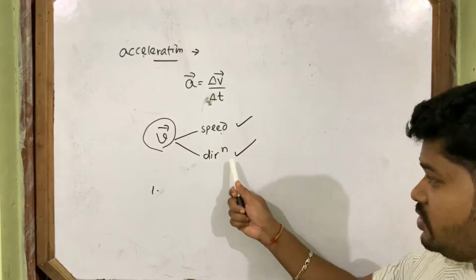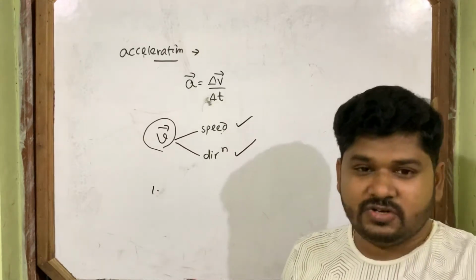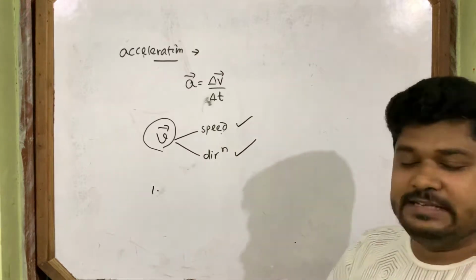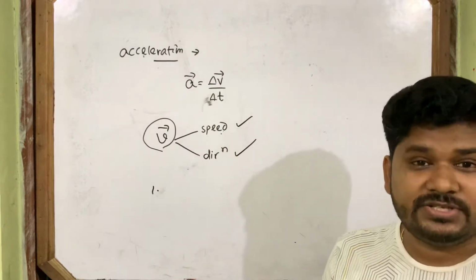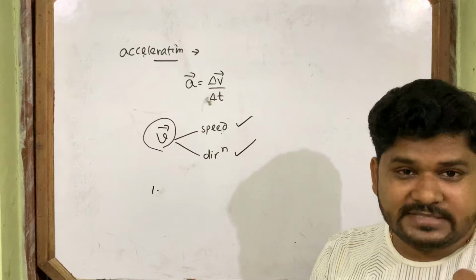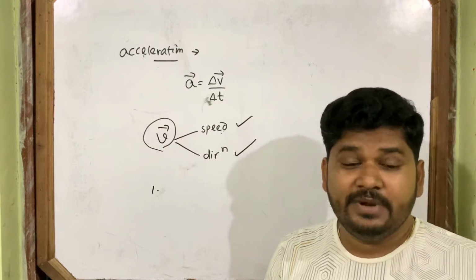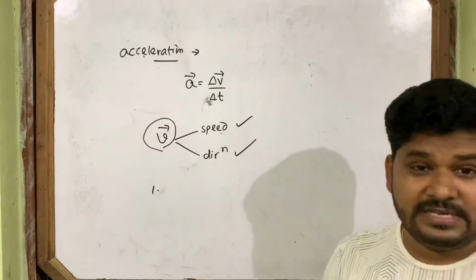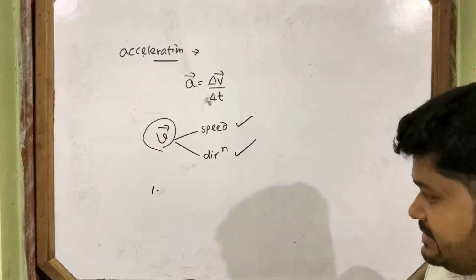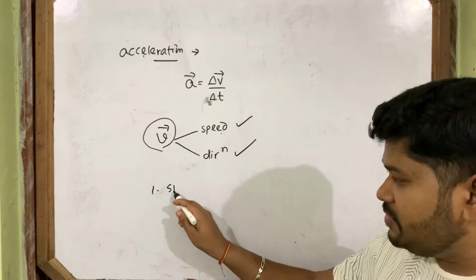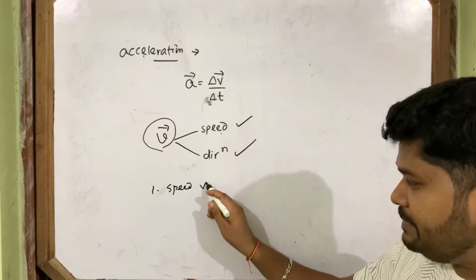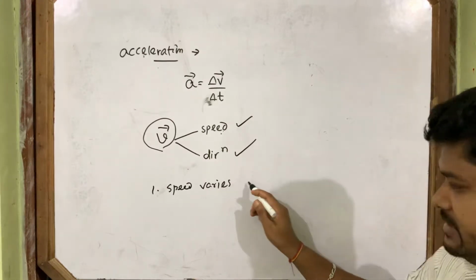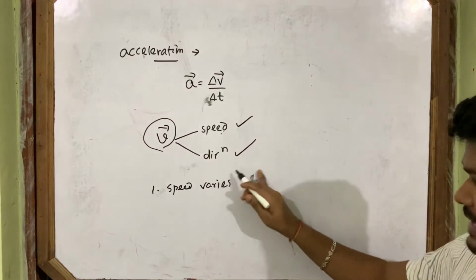The direction is constant, it moves downward, but speed increases. That is also acceleration. You know that this acceleration is constant, 9.8 meter per second square, the acceleration due to gravity. This is the first example I told you, where speed varies but direction is constant.